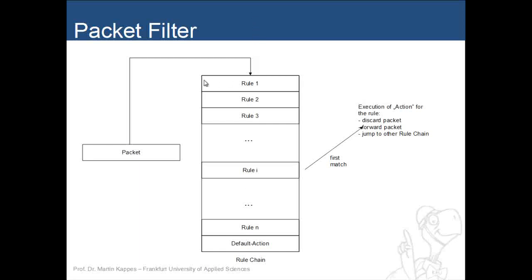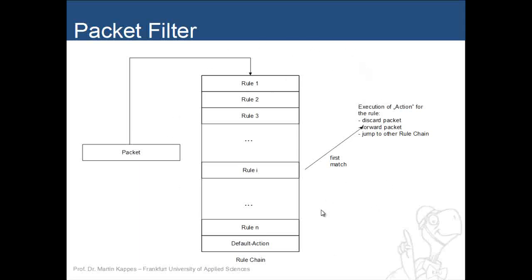So it would basically say, if this is something I don't want, discard it. This is something I don't want, discard it, and so on and so forth. And if a packet traverses without a match, then the default action would be to accept the packet. That's why this is called default accept, where everything is allowed which is not specifically specified up here.